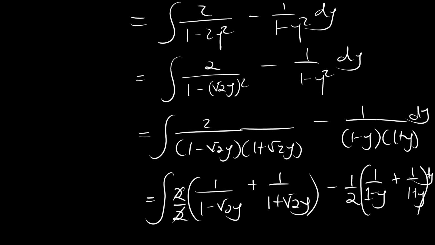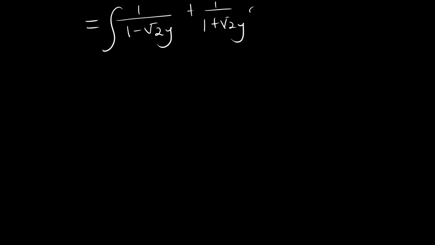So these cancel each other, and essentially we can even separate that into two separate integrals. So we have the integral of 1 over 1 minus root 2 y plus 1 over 1 plus root 2 y dy is a half integral of 1 over y.